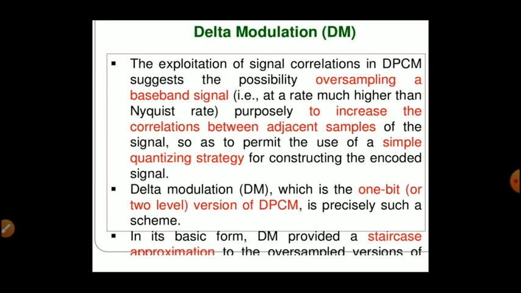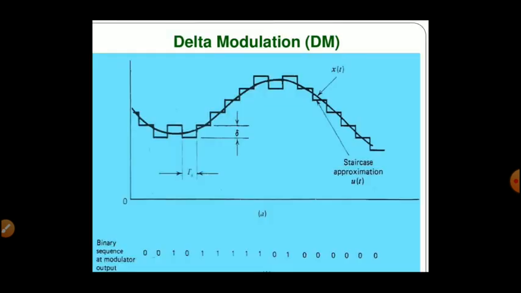Delta modulation, which is a 1 bit or 2 level version of DPCM, is precisely such a scheme. In its basic form, DM provides a staircase approximation to the oversampled version of the input. The above figure shows delta modulation.